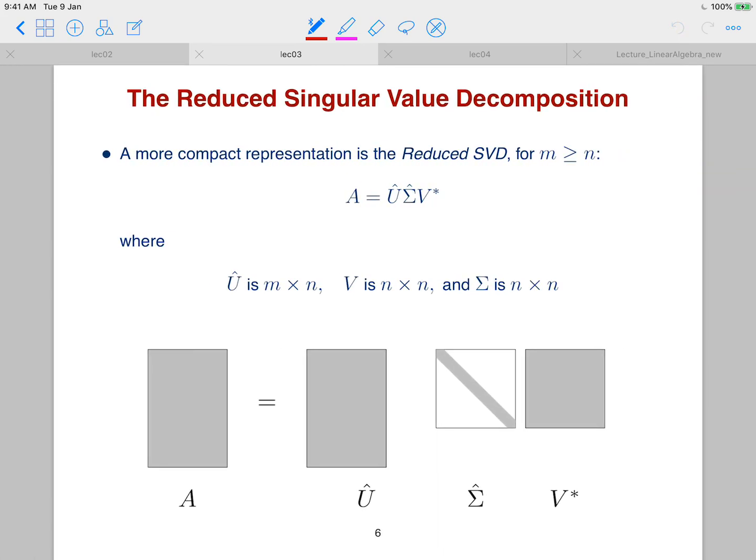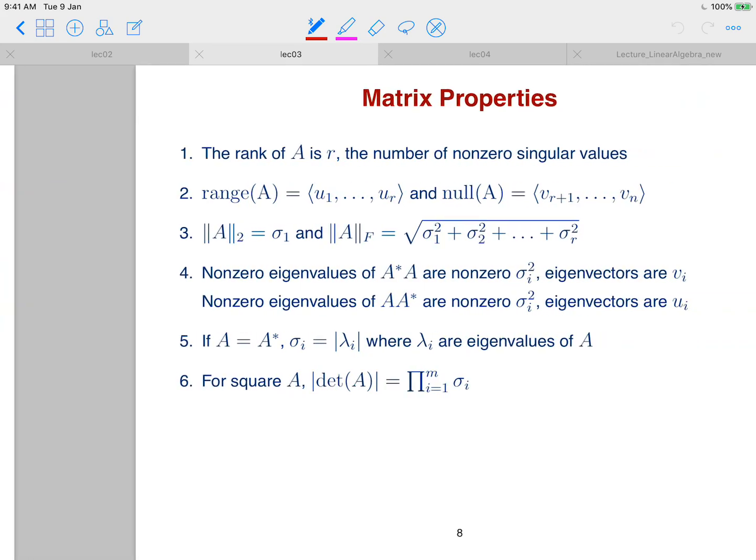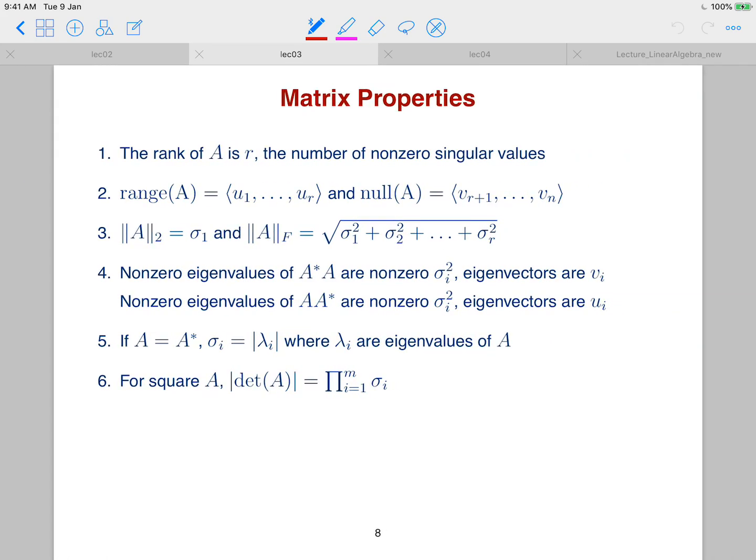And this is the reduced form. There is also a relationship between eigen decomposition and singular value decomposition, but I will skip that for now.